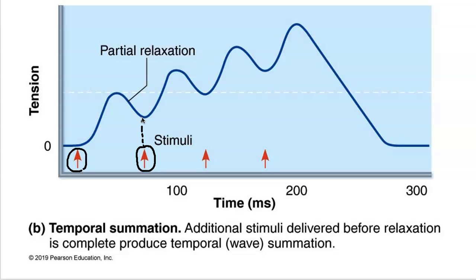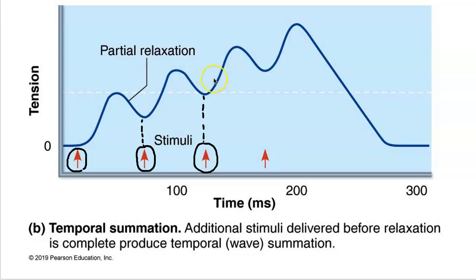So what we see happening is the muscle responds to that second stimulus. And we see another twitch, and the peak tension developed here is even more than the peak tension that was developed with the first. Let's try this again. Before that twitch comes down to full relaxation, let's hit it with an identical stimulus. Will it respond?